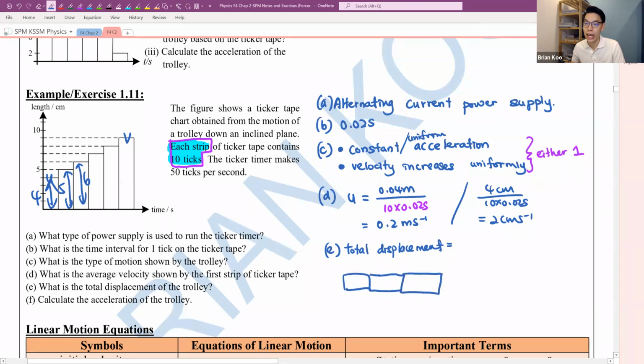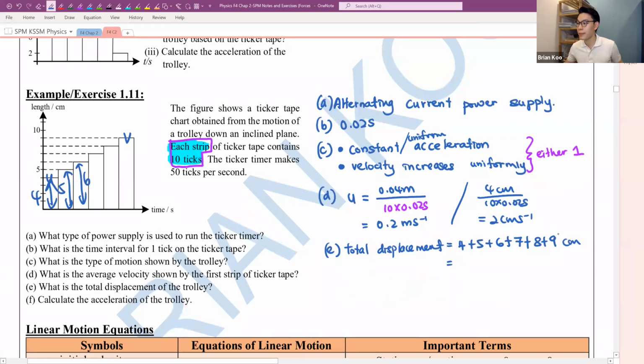And then they go and cut it. So at first it's 4 cm, and then 5 cm, and then 6 cm, and then 7, 8, 9, like that. So you add up all the strips together, that will give you the total long strip, and that would be the total displacement. All this will be in cm.